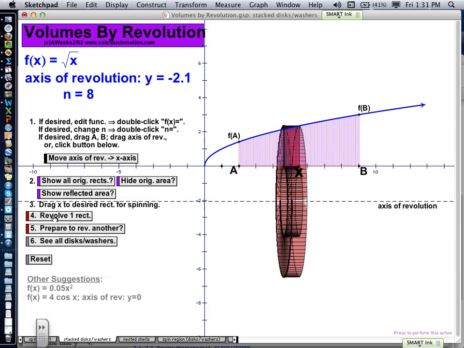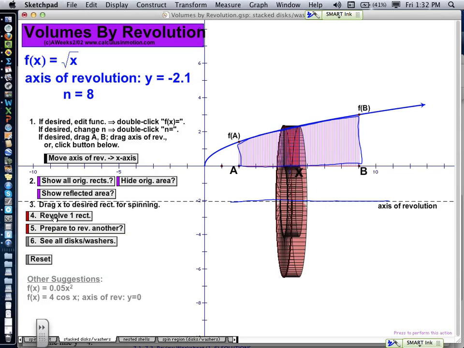Notice this original area that's going to get rotated is sitting away from the axis of rotation. There's a space in here now. What does that 3D figure look like?